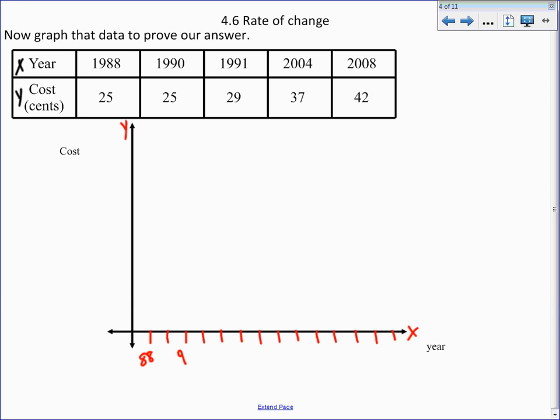So I think we can go up by 2s, get 92, 94, 96, 98, 2000, 2, 4, 6, 08. That's all we need for that. And then we can start here and go up by 5s.